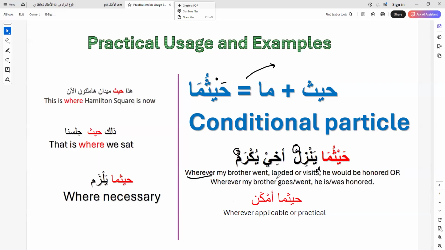And another phrase that you often hear Arabs using is حيثما أمكن, wherever applicable or practical. So learn to use حيثما يلزم or حيثما أمكن.